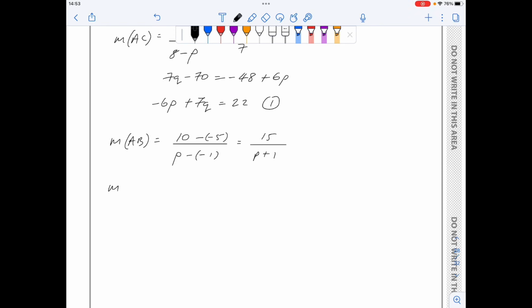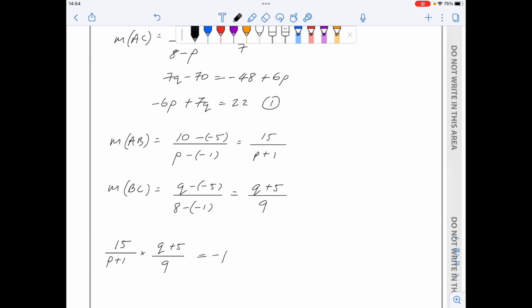And the gradient of BC is equal to (Q minus minus 5) over (8 minus minus 1). This is Q plus 5 over 9. So if I multiply those two gradients, I should get minus 1 because the lines AB and BC are perpendicular. So 15 over (P plus 1) times (Q plus 5) over 9 is equal to minus 1.